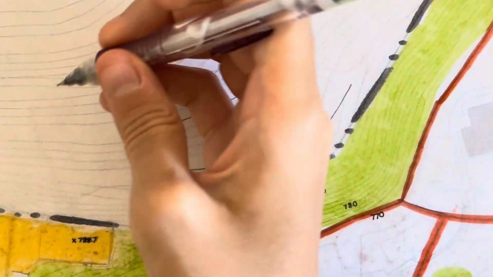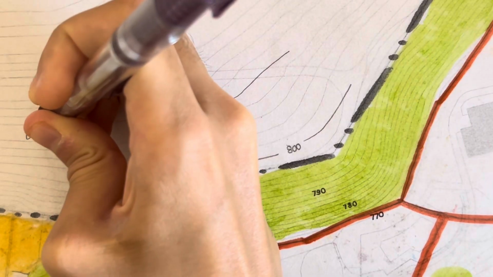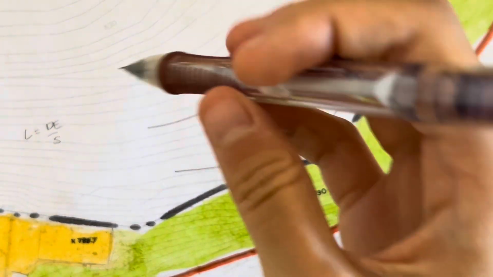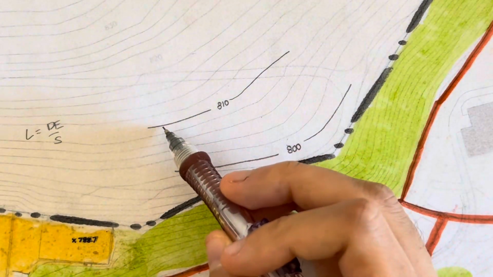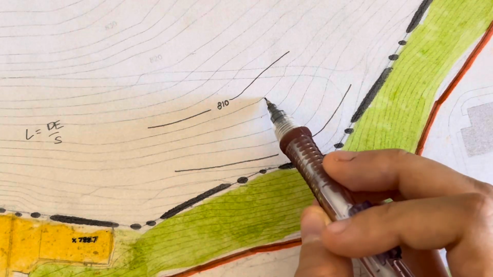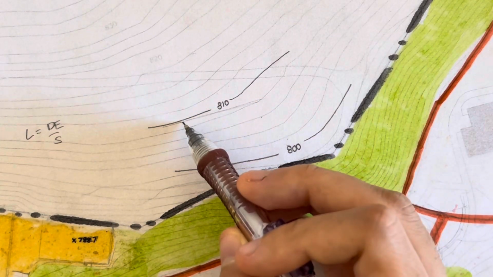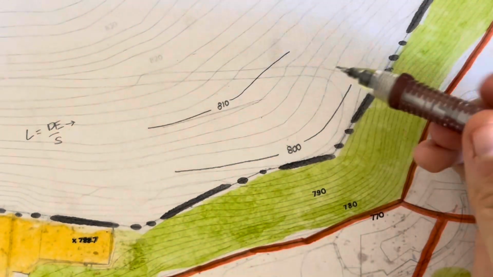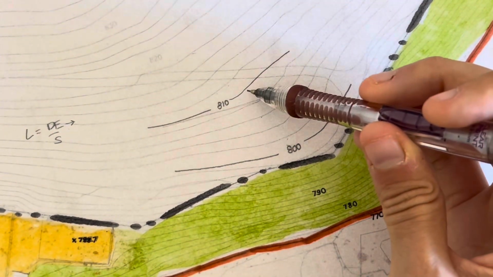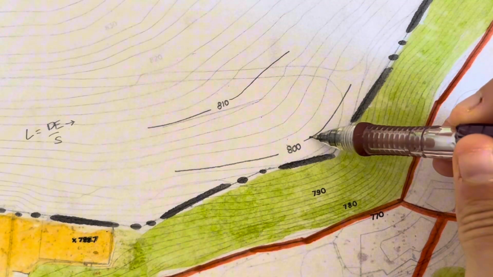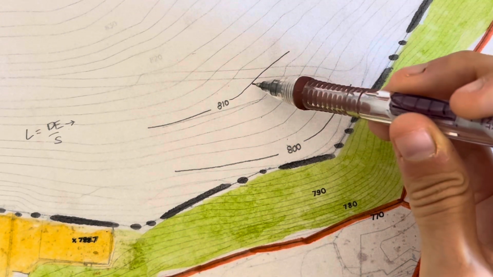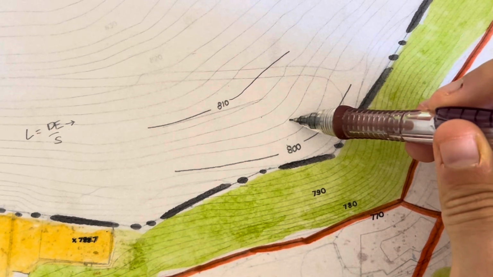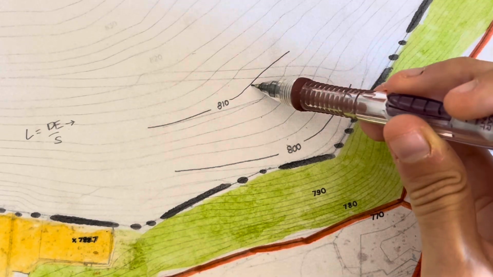To solve the zigzag method, we want to use the equation length equals dE over S. Length is the length between one contour to the next. dE is the distance between each contour, and I know by looking at the map, each contour is 2 feet: 800, 802, 804, 806, 808, 810.